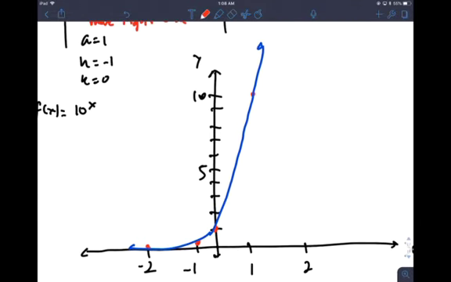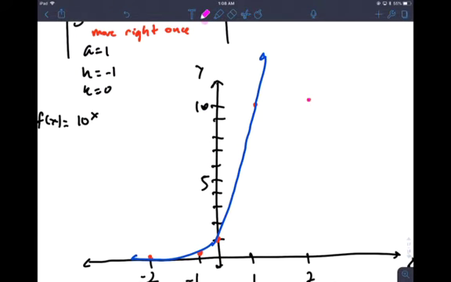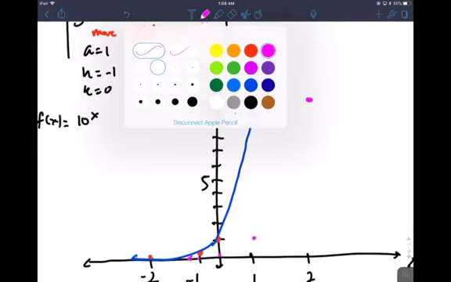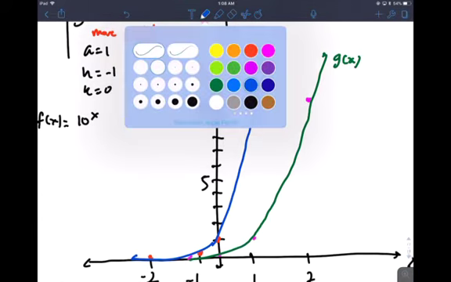Then I will grab all my points and move them to the right one time. I'll use a different color for that. Then I'll move this point, it will be right here, and right here. So my graph would look like this. Let me use a different color. So that's my g of x. This is my graph f of x.